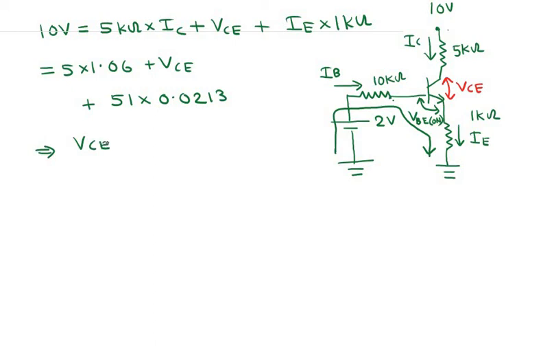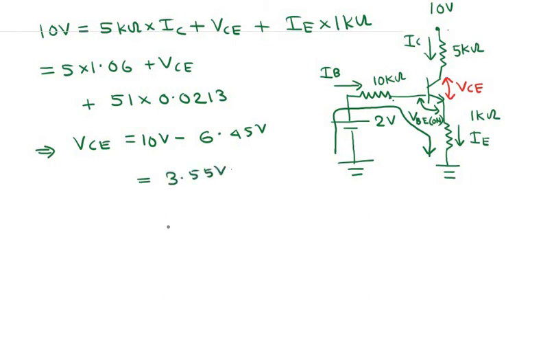So VCE is 10 volts minus 6.45 volts, which is equal to 3.55 volts.